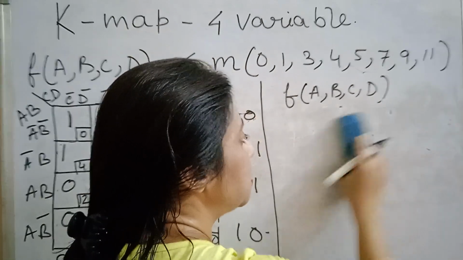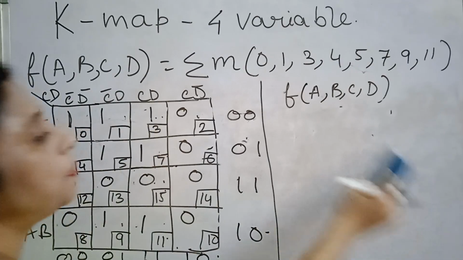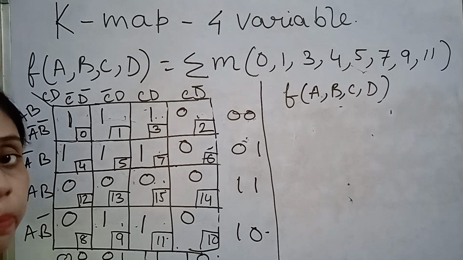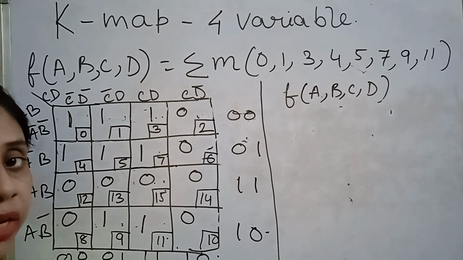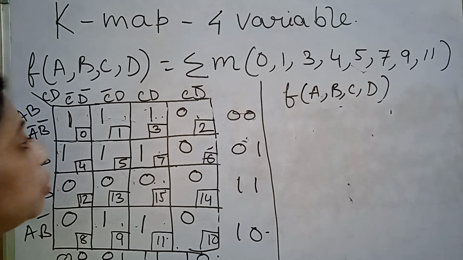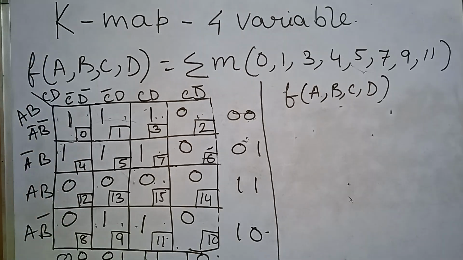There should not be any gaps, so the ones should be in consecutive places. And the ones in the group must be in horizontal or vertical orientation, not diagonal. Diagonal ones may be in consecutive places, but they cannot be put in a group. Accordingly we will do our Kmap minimization.